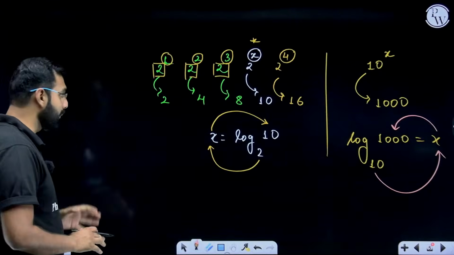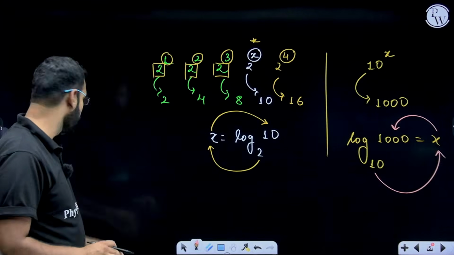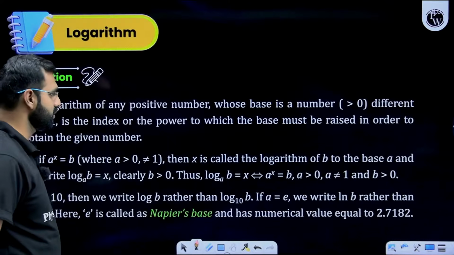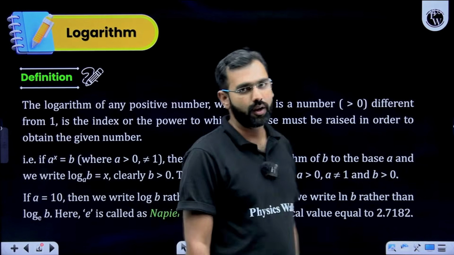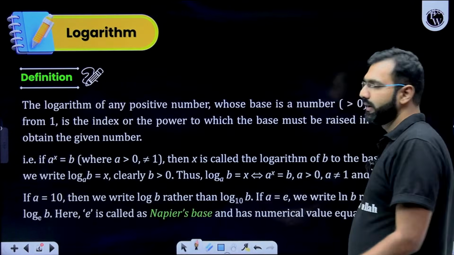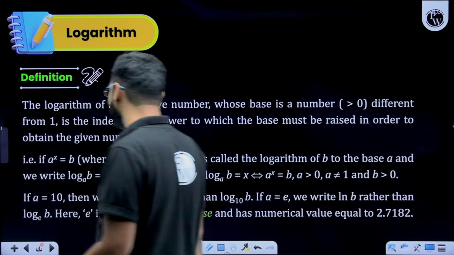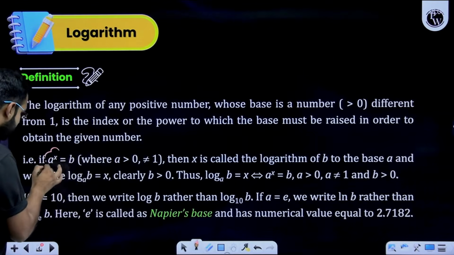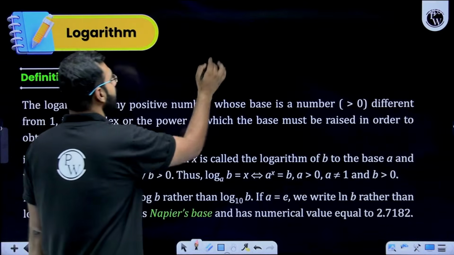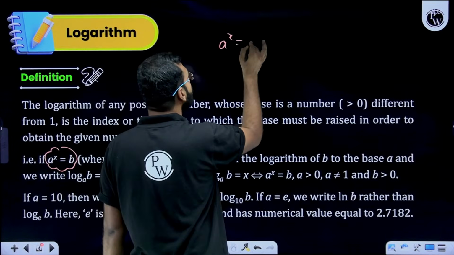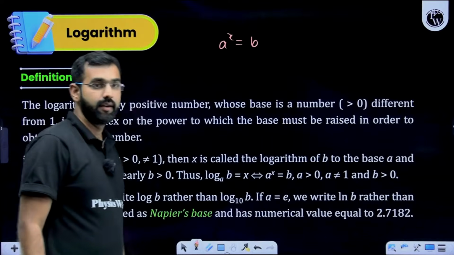So if I now go back to the discussion on logarithm which we were having, all I'm saying is that logarithm is technically a concept derived from this concept: a to the power x is equal to b. Let's say this is what we are given.